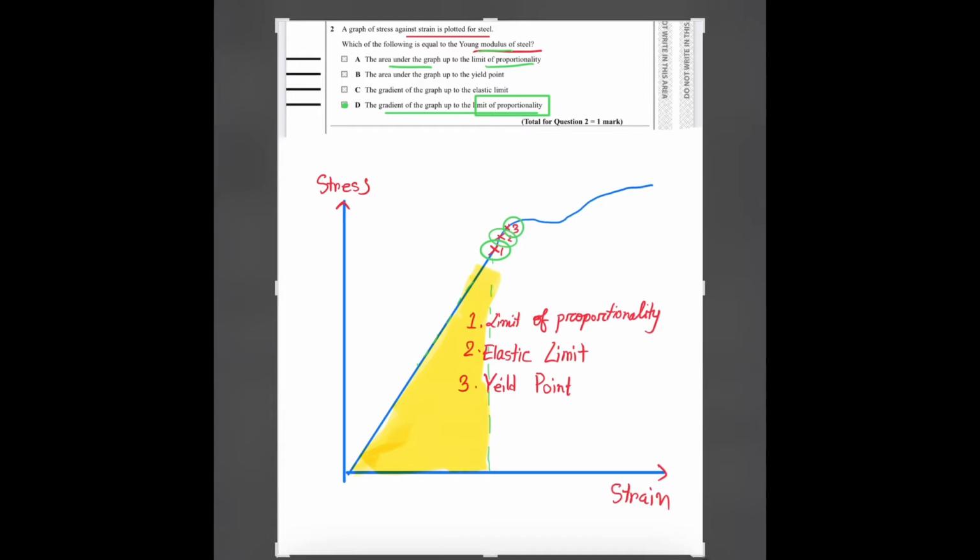And C is not the correct answer, because it is up to the elastic limit. After the limit of proportionality we have the elastic limit. So before it hits the elastic limit, the line is not straight anymore, so the gradient of the graph will change, so the Young's modulus won't be the same. So the answer to this question would be D.